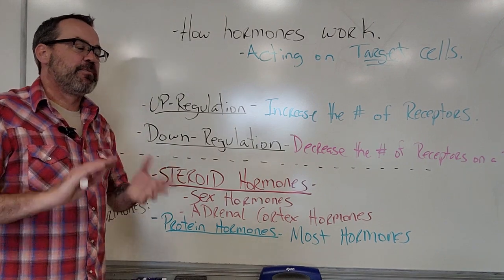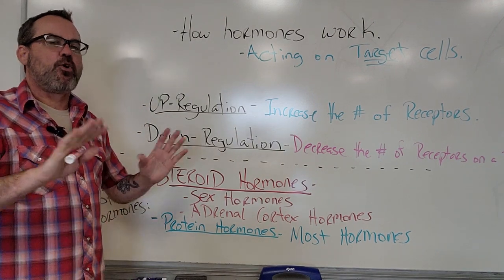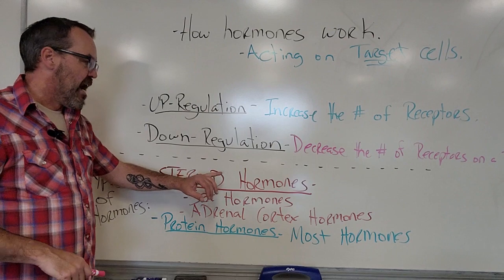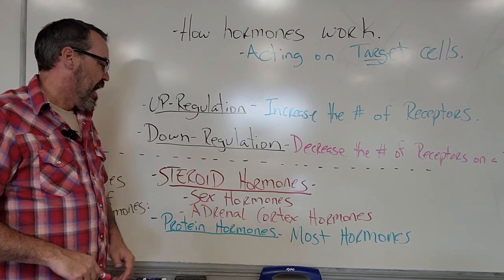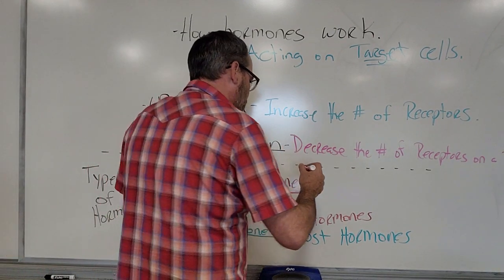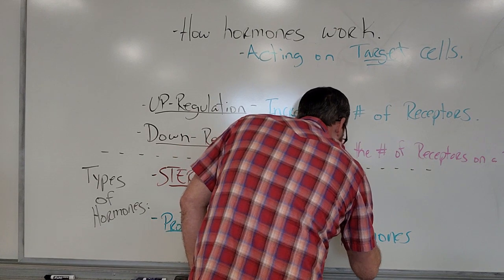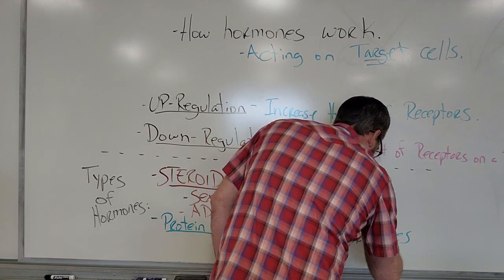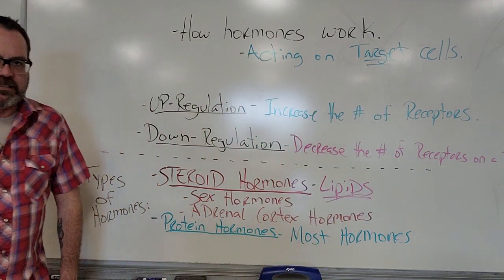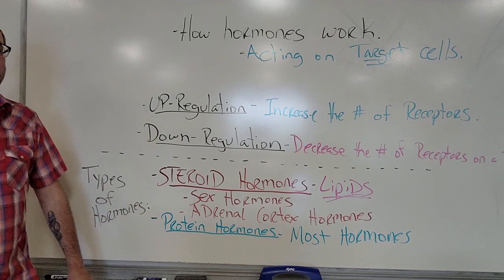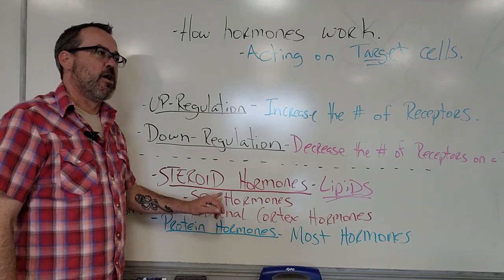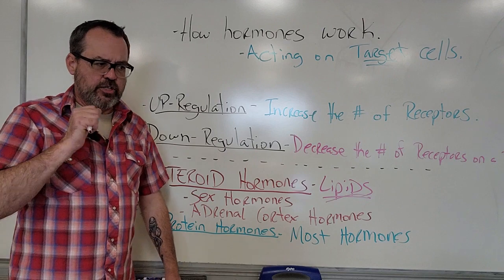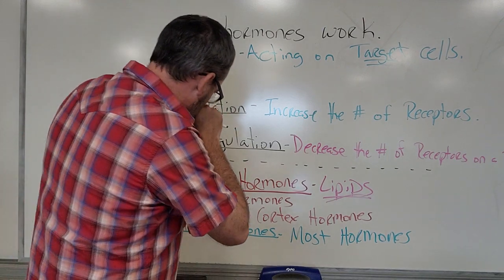Now we split our hormones into two broad categories here. I've got steroid hormones, and remember, steroids are lipids. These are for things like our sex hormones or the hormones from our adrenal cortex specifically.